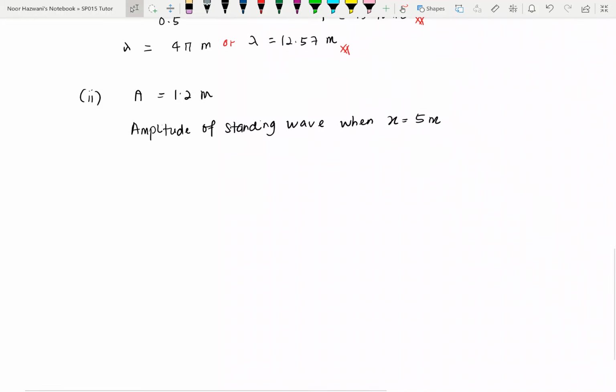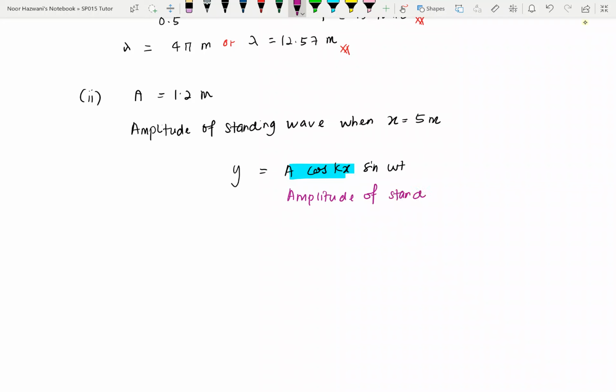Okay, so daripada general equation y equals to a cos kx sin omega t, actually a cos kx ni adalah amplitude of standing wave at any point x.